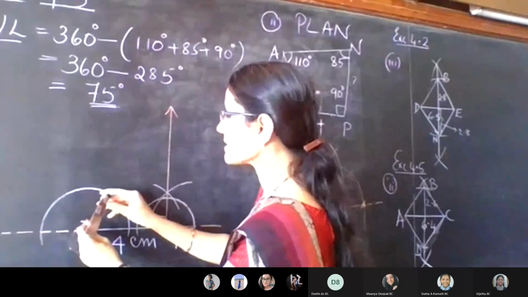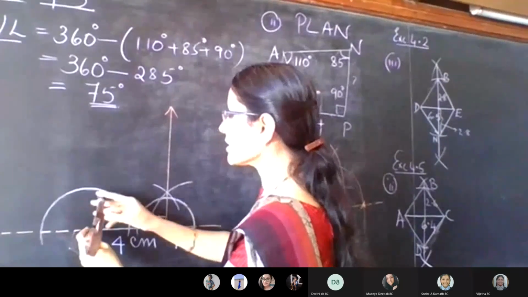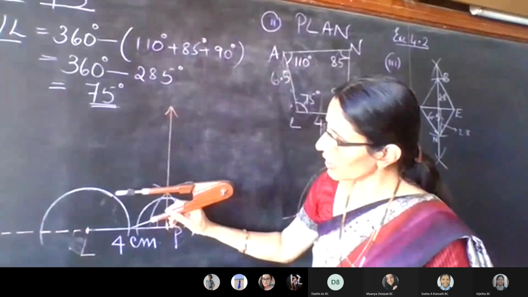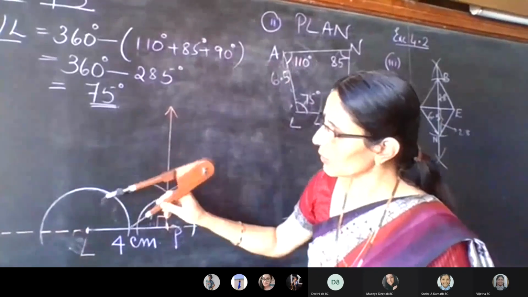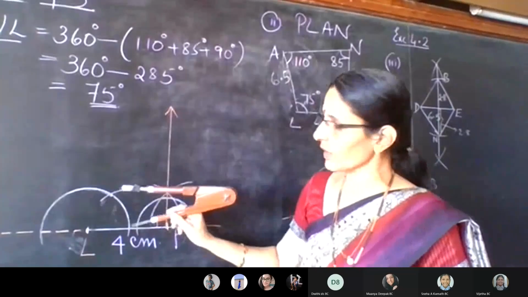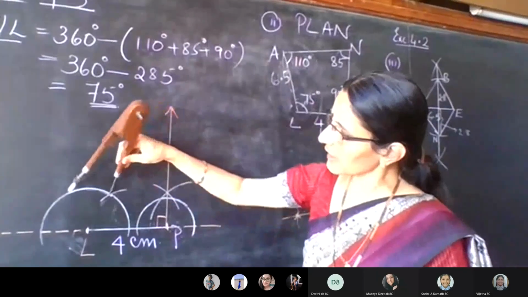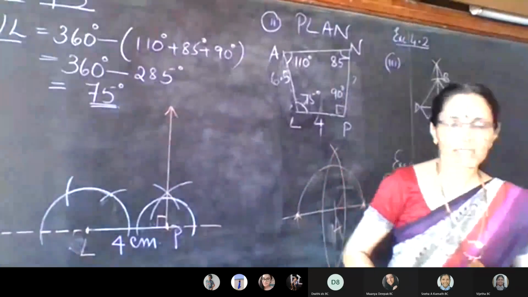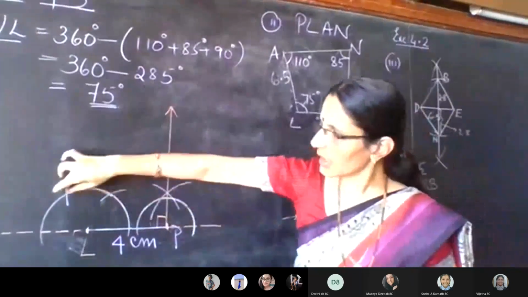So whatever semicircle is drawn, semicircle you have completed. Now from here one cut, one equilateral triangle we obtained, another cut, another equilateral triangle, 60, 60, 60.